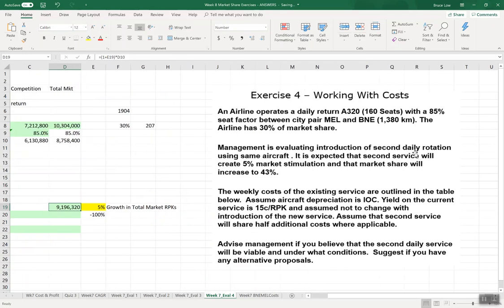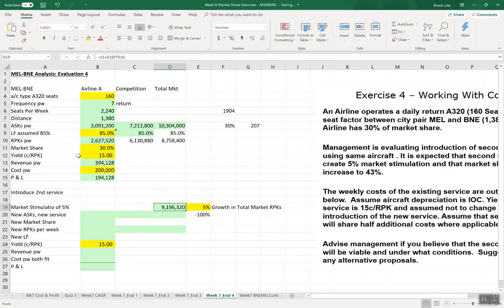So we're evaluating a second daily. A second service will create 5% market stimulation and the market share will increase to 43%. So our new service and new RPKs per week is that, and we're saying that we now get 43%, so 0.43 times the new.